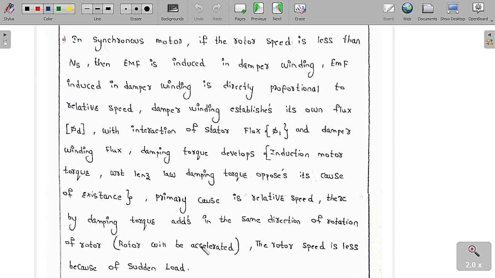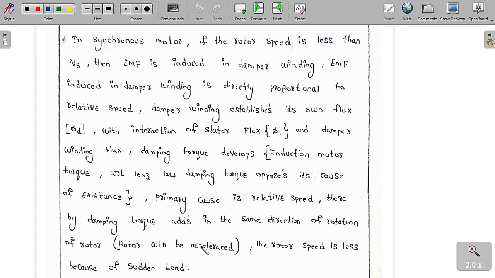Suppose I increase the load on the synchronous motor suddenly, then what is going to happen? Nr is less than Ns, so there is a relative speed difference between Nr and Ns. Because of this, the relative flux is going to cut the damper winding. Then a flux is induced in the damper winding, which is called phi d.